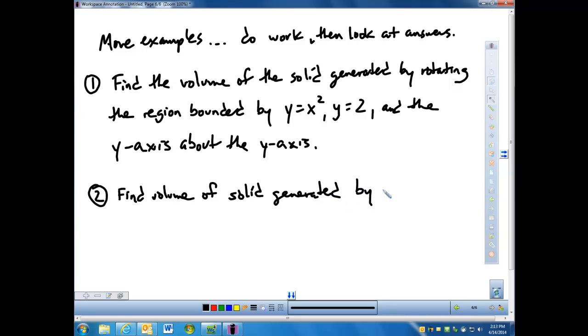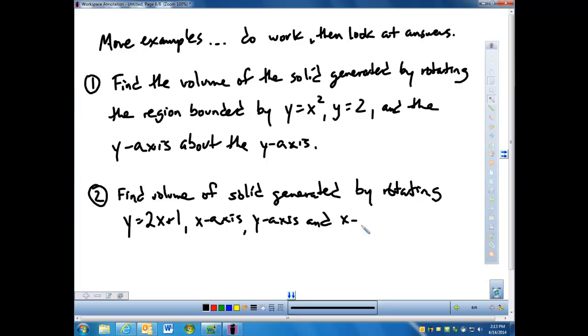So remember, x equals 3 is a vertical line, around the x-axis. So remember, if we're rotating it around the y-axis, everything has to be in terms of y. If we're rotating it around the x-axis, everything has to be in terms of x. Okay? So go ahead and work on those.